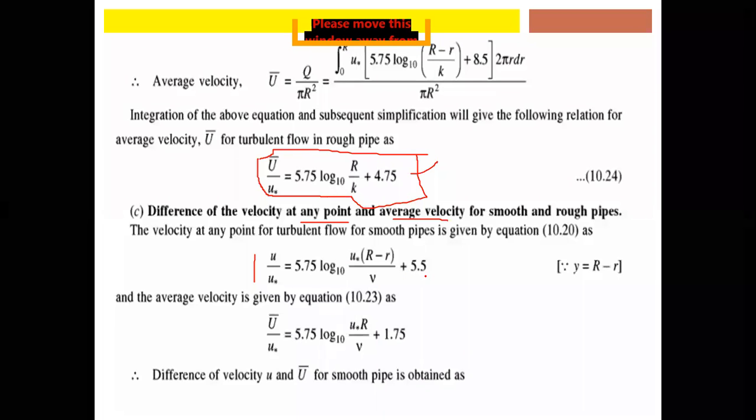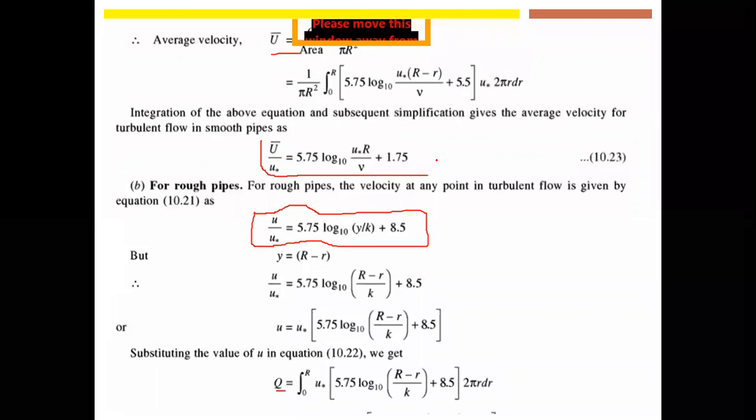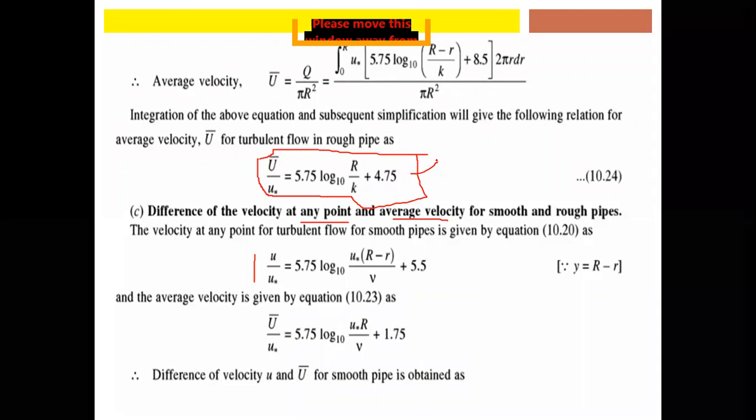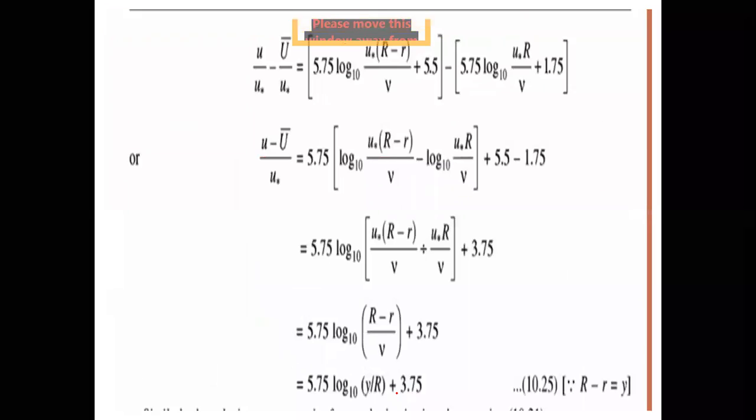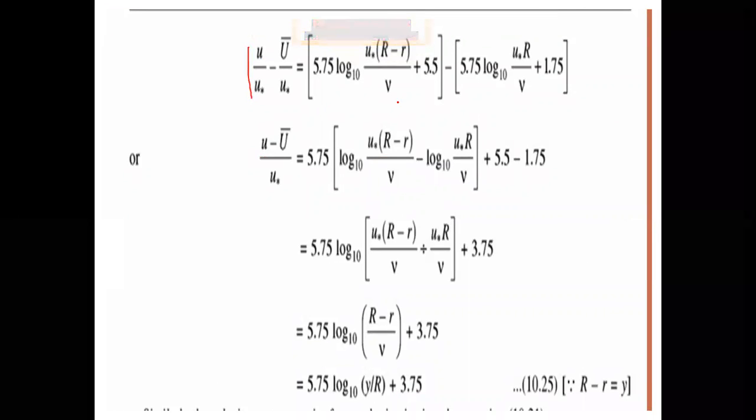So the equation 10.23 can be written like this. Dividing, the velocity u and u bar for the smooth pipe is obtained as: keep on deriving this equation, u by u star minus u bar by u star.